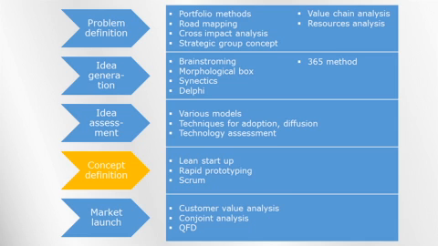And so this is the slide. We are talking about tools and methodologies, for example, from problem definition over to idea generation. For idea generation, you can do the 365 methodology, or you do brainstorming, which is typical for a startup.